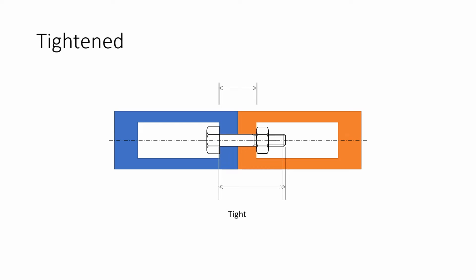And then when I torque it up, you'll notice that the parts themselves got a little bit shorter, a little bit compressed in the joint, as indicated by the dimensions at the top, and the bolt got a little bit longer. And each of those changed in length in proportion to their stiffness, as we'll see in a minute.